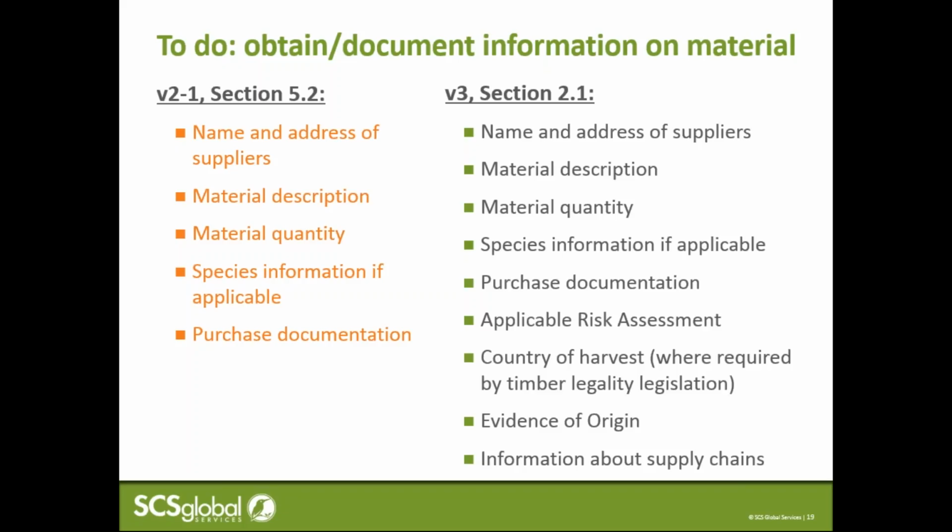These include the names and addresses of suppliers, material description, material quantity, species information as applicable, and purchase documentation. You'll note that the first 5 categories of required information listed on the right side for version 3 of the standard are the exact same.